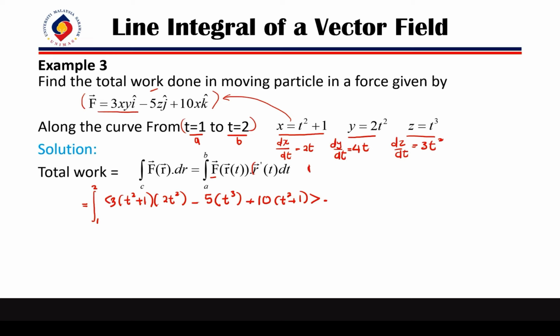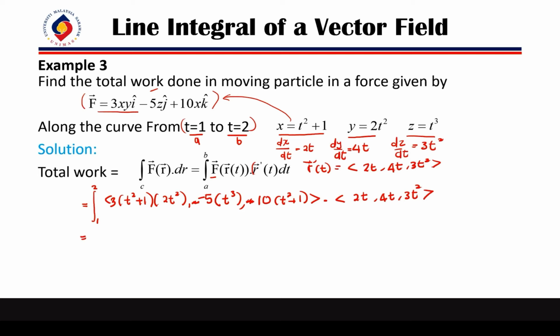So r prime in terms of t is equal to 2t, 4t and 3t squared.